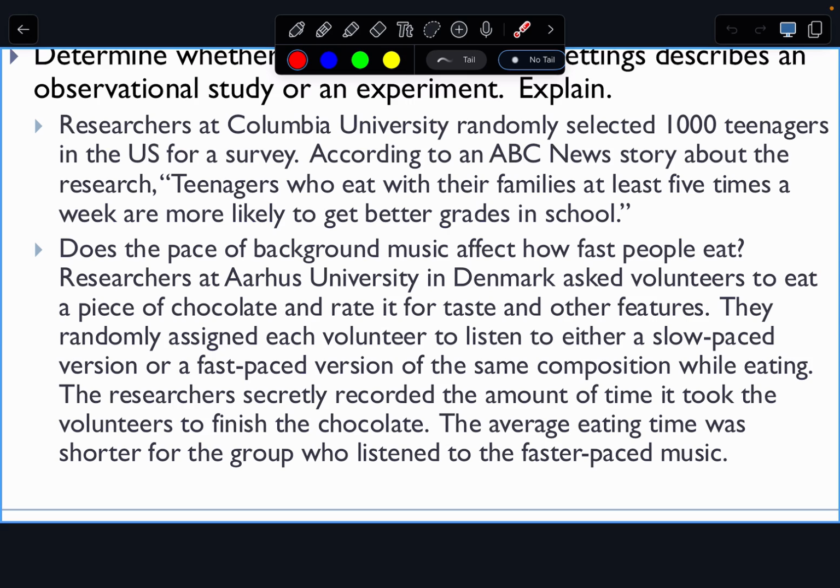This one's an experiment, and how do I know? They changed something, right? They had some of the volunteers listen to slow-paced music, other volunteers listen to fast-paced music. So they imposed treatments on the individuals. So that's what tells me this is an experiment. Now, could I take these findings and generalize to a much larger population in this case?